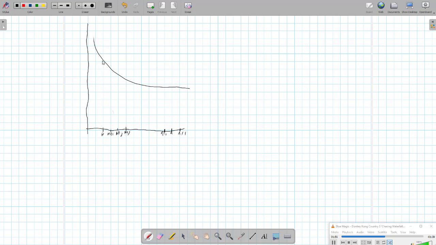So then, if we look at these rectangles, these rectangles all have a width of 1. They're determined by this height, which I'll talk about in just a second.